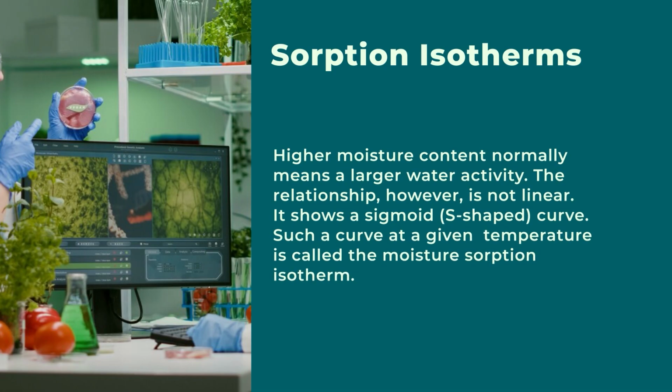So, let us see how we draw the chart of sorption isotherms. Normally, when we say high moisture content, it will have a larger water activity, but this relationship is not linear. It shows a sigmoid curve at a given temperature, and this is called the moisture sorption isotherm. Then how do we draw this curve?